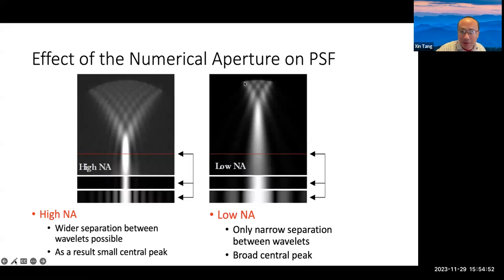If you have a very small numerical aperture, so the angle is very shallow, then you will have fewer wavelets. The pattern at the center of the imaging plane becomes wider. This is not good. If you want to see the details of the particles better, you want the image to be narrower.